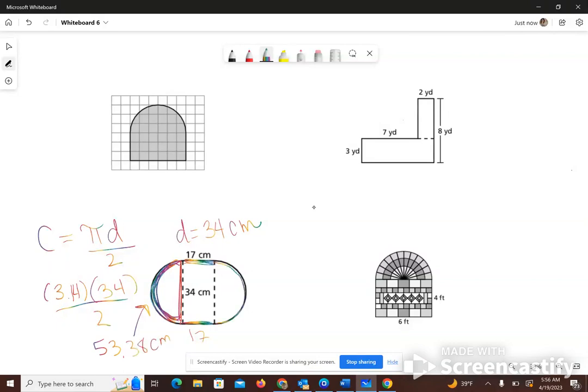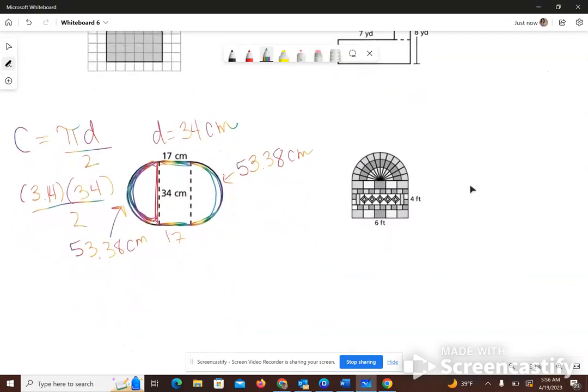Lastly, I need to find this section, which if you notice, these are both 34. So both of these semicircles have a diameter of 34. So I don't even need to do the work again. I already know that this one is also 53.38 centimeters.